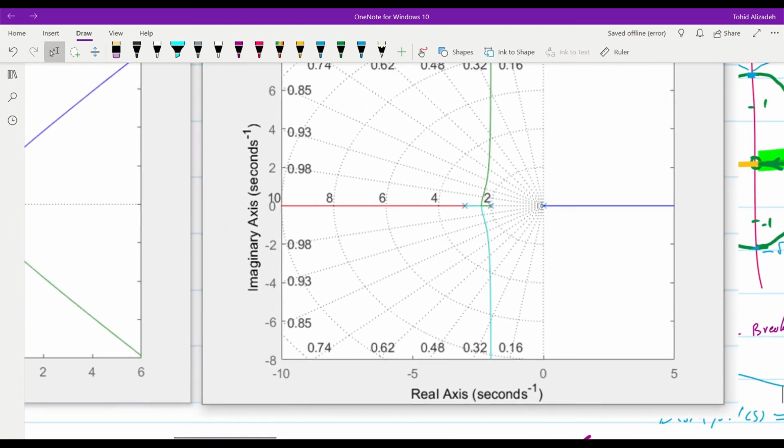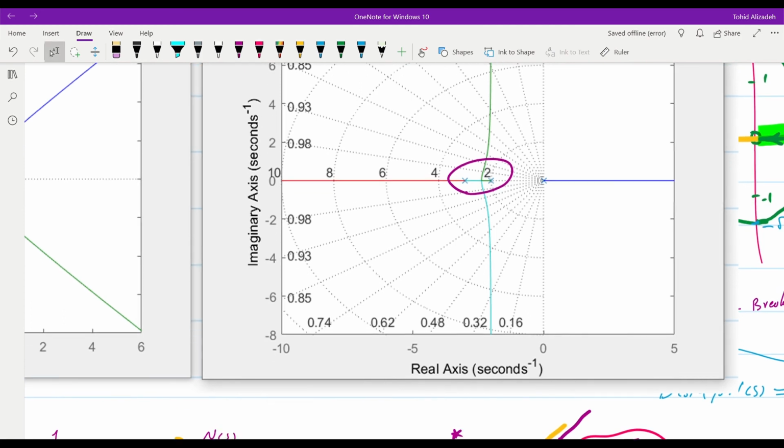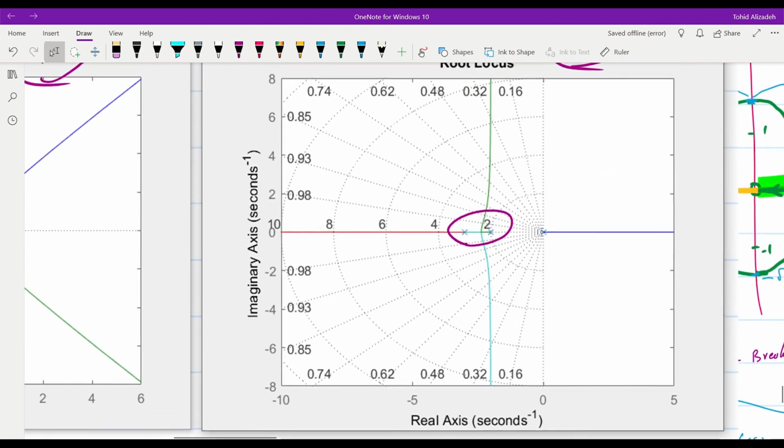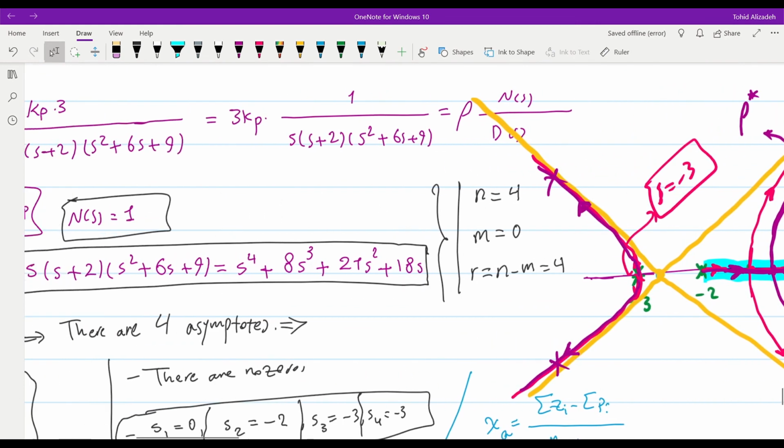So maybe we made a mistake in finding out the point of abscissa. And what was the point of abscissa? Let's have a second look.